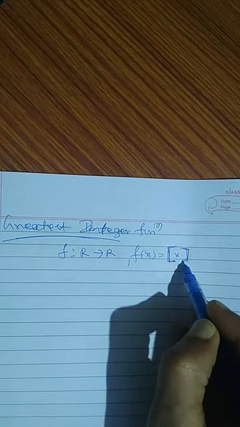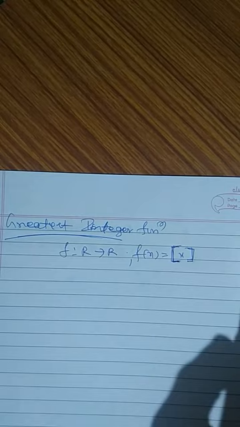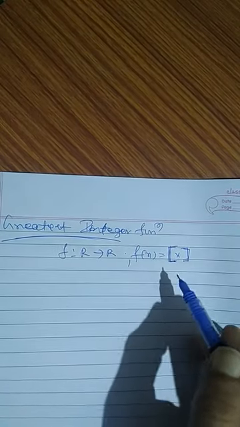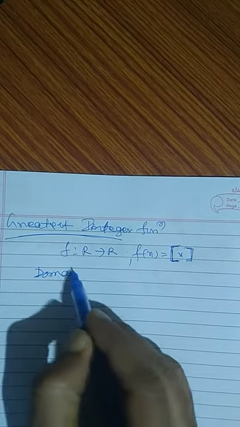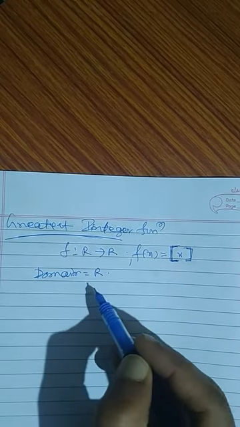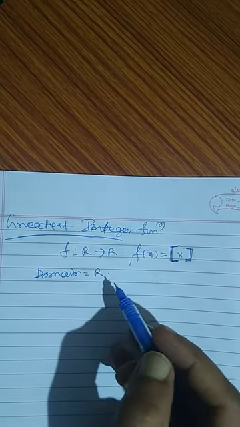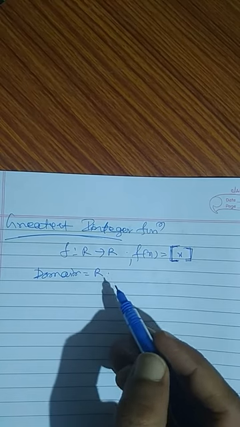That is called your greatest integer function. Its domain is always R. The range depends upon x. Clear?